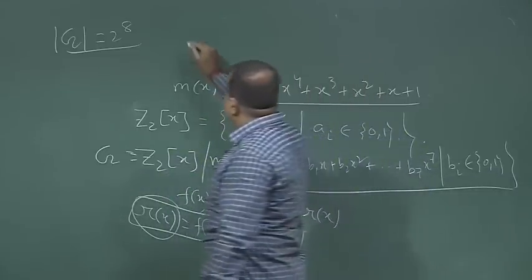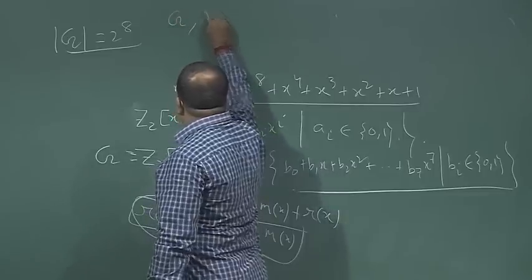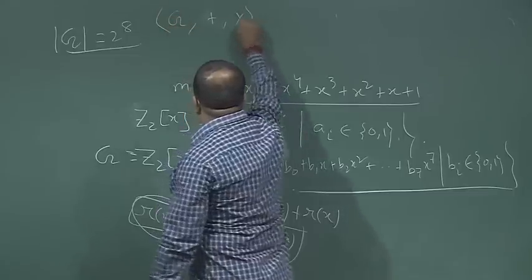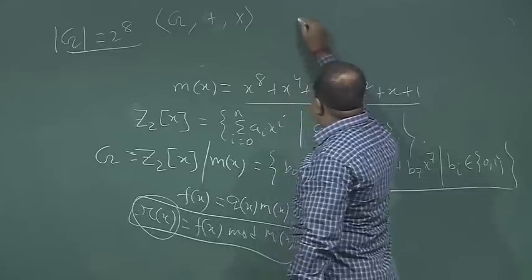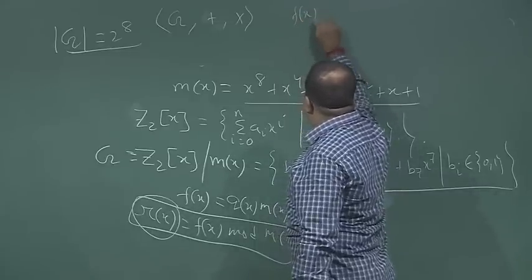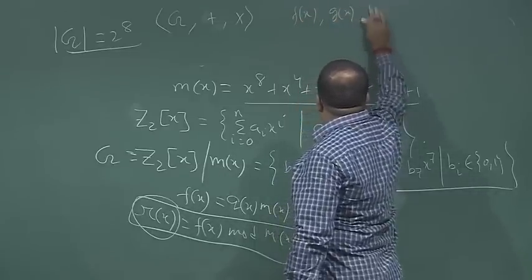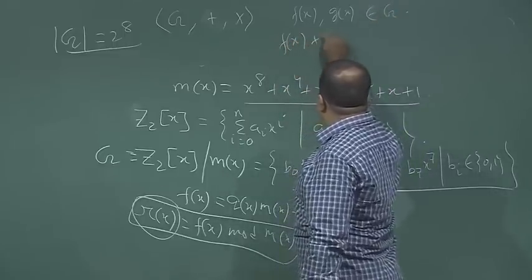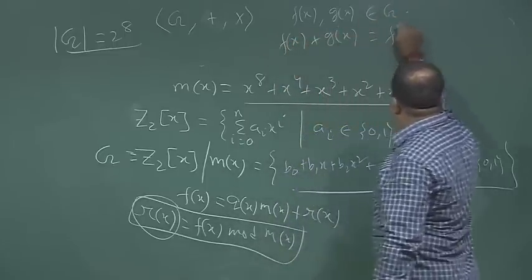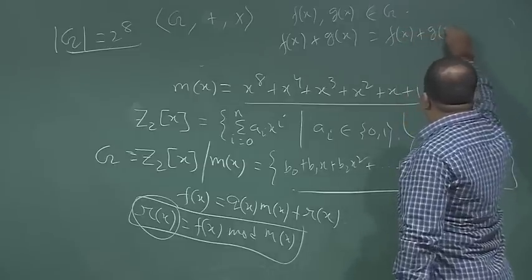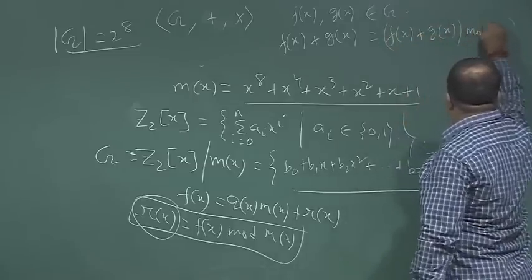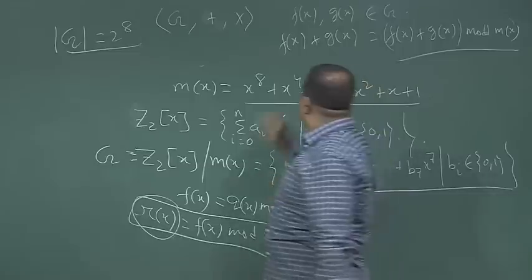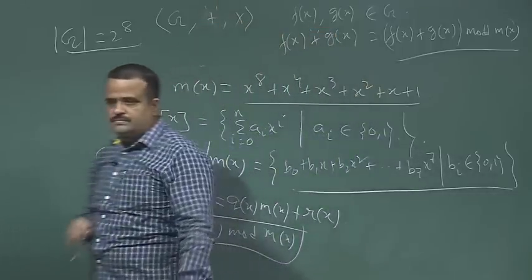And we can show that G with this plus and multiplication forms a field. This plus is basically, if you take any two elements f(x) and g(x) from this set G, f(x) plus g(x) mod m(x).